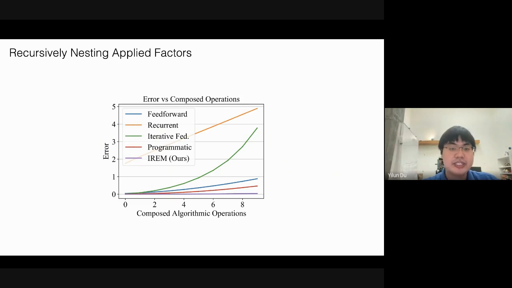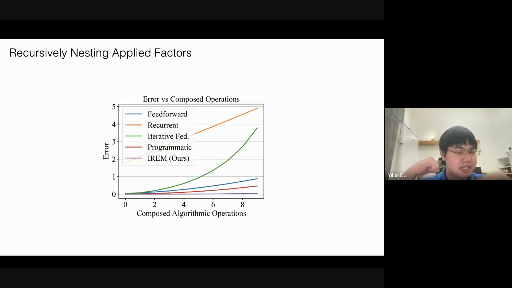Another interesting thing about this idea is that since I formulate this type of computation as an energy optimization procedure, I can compose multiple different operations together. So instead of adding 2 matrices together, maybe I want to add 8 matrices together. I can add the first 2 matrices, get their output, and then add this output with a third matrix, and so forth, 8 times. Why is this challenging?